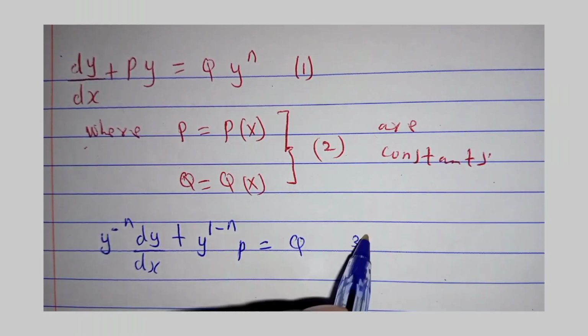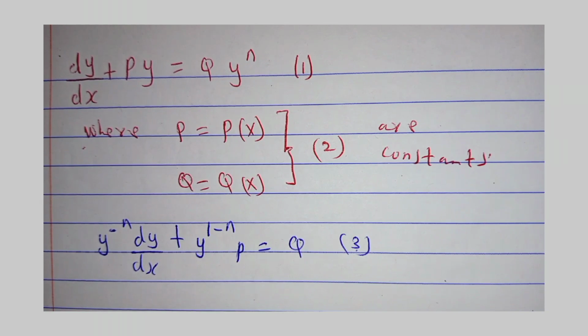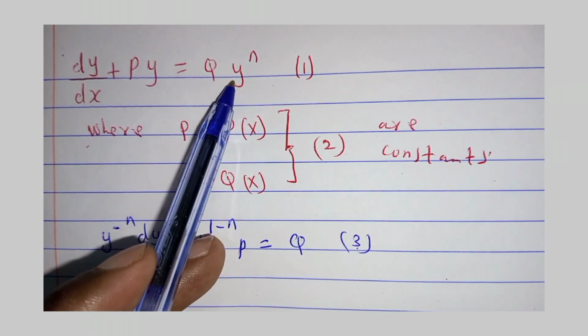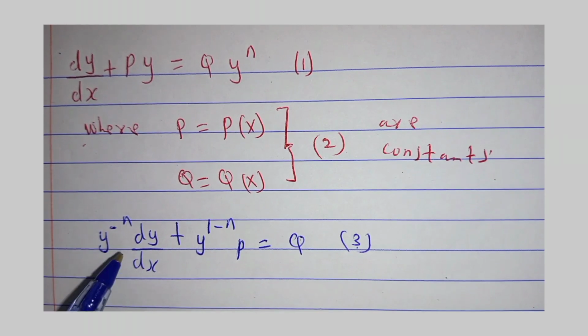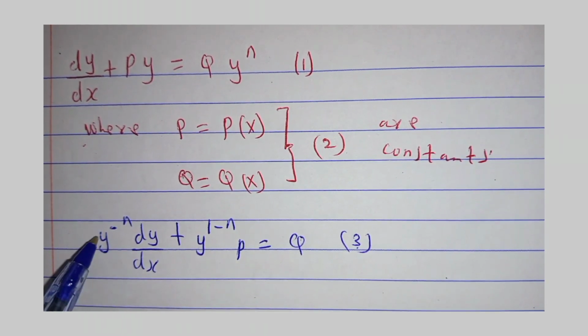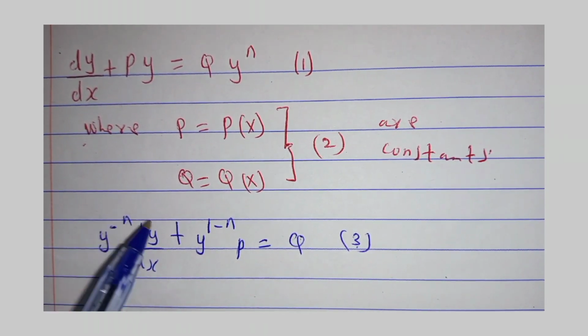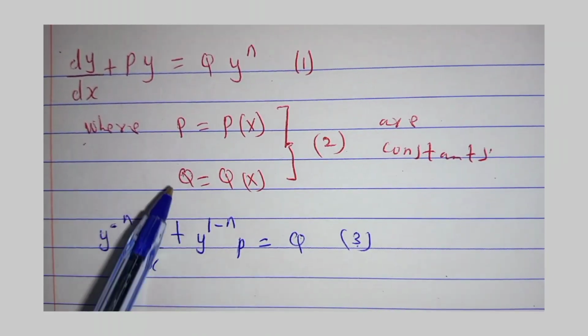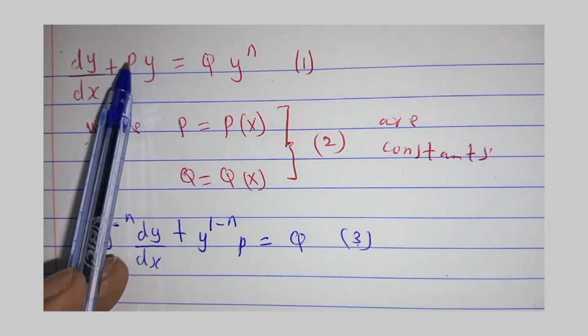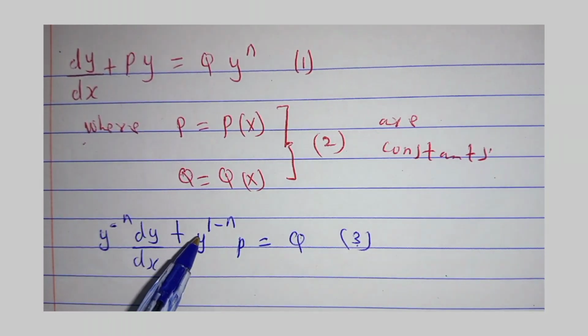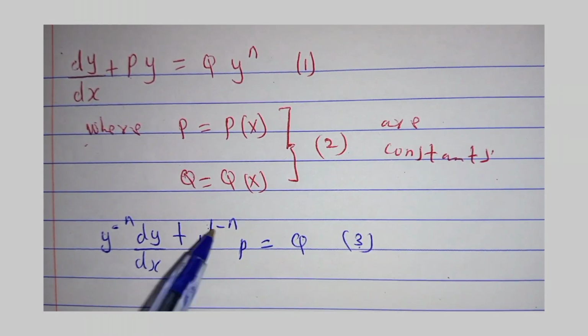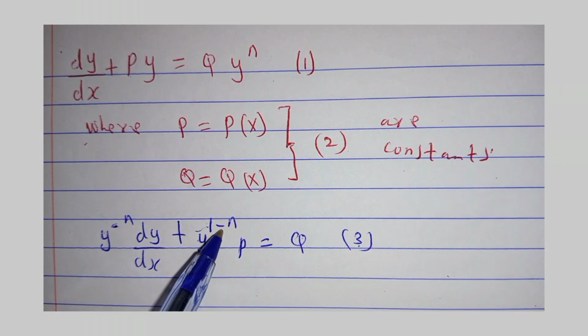So we call this equation 3. When you divide equation 1 by y^n, we are going to obtain this. This is divided by y^n, but you can take the y^n up to make the index negative. Here you have y^(n-1), and this is y^1. So that is why here I have written y^(1-n) p.